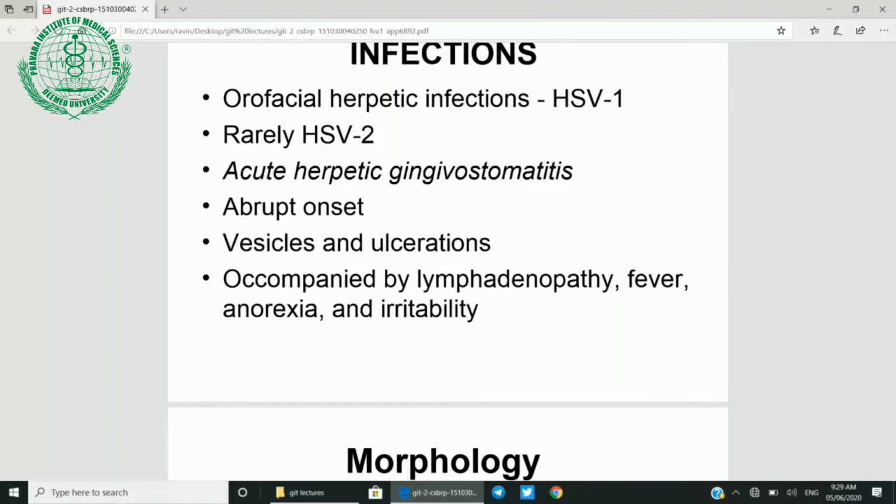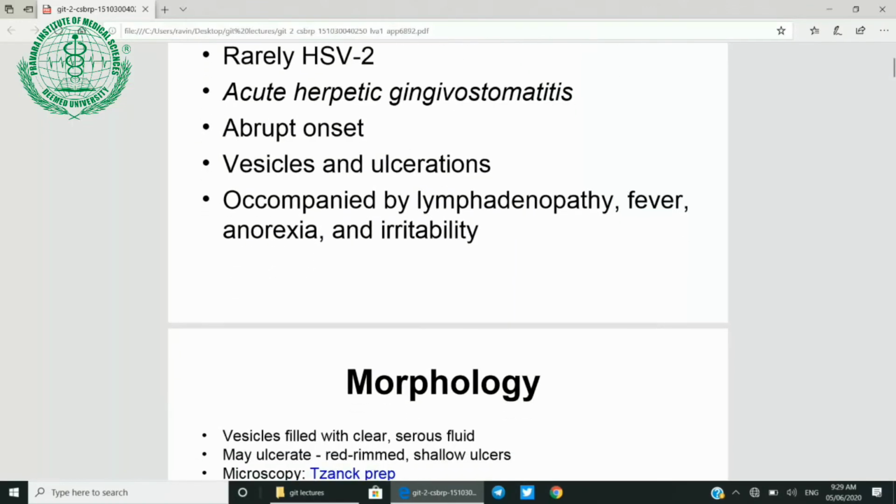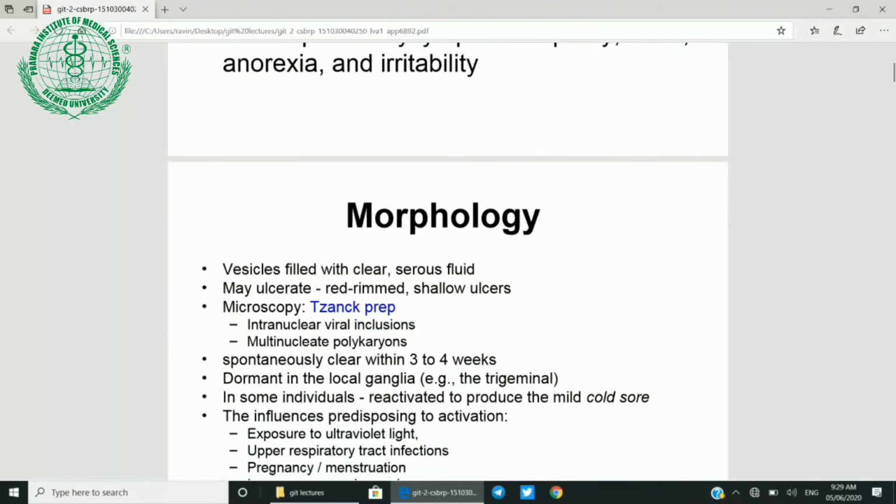The condition is called acute herpetic gingivostomatitis. It starts with an abrupt onset. The patient presents with a lot of vesicles and ulcerations in the mouth, and it may be accompanied by cervical lymphadenopathy, fever, anorexia, and irritability.